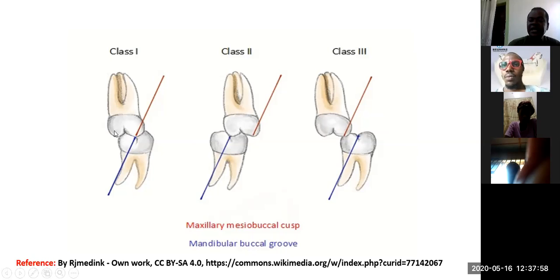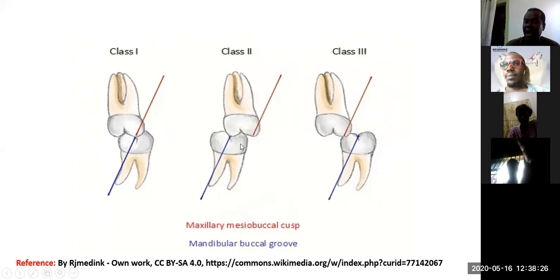Now, the distobuccal cusp is partially making contact with the distobuccal cusp of the lower. That is class 1, and it's a normal relationship. Class 2 is abnormal. In this case, the distobuccal cusp of the upper is anterior to that of the lower.